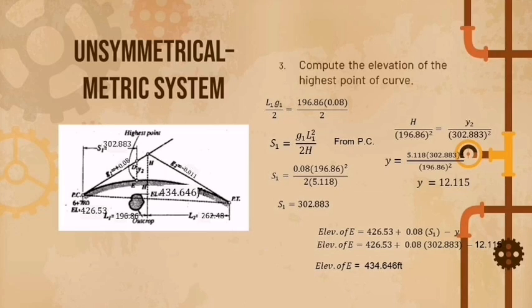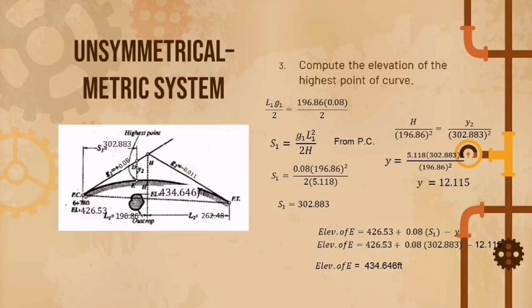302.883. To get the y, y is equal to 5.118 multiplied by 302.883 over 196.86 squared. When we compute everything, y is equal to 12.115.